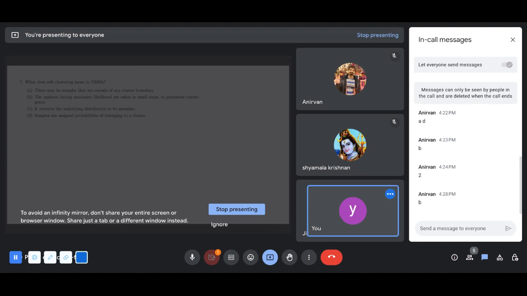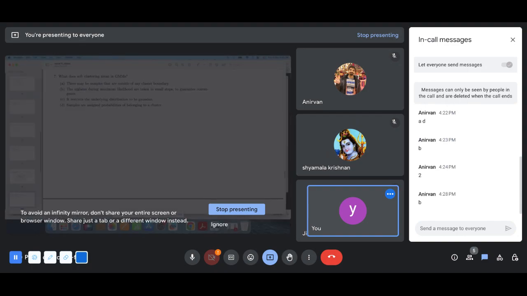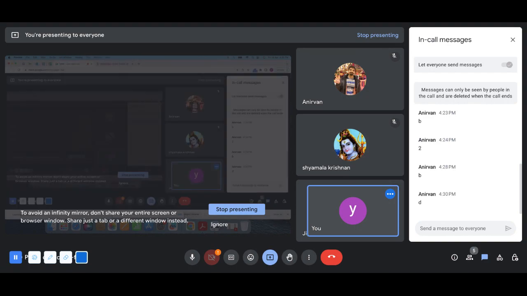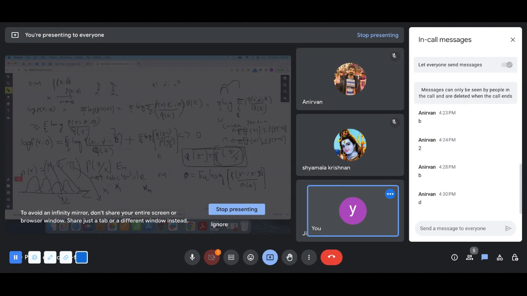So what does soft clustering mean in GMMs? Any ideas? D. Let me spend a little time on this.